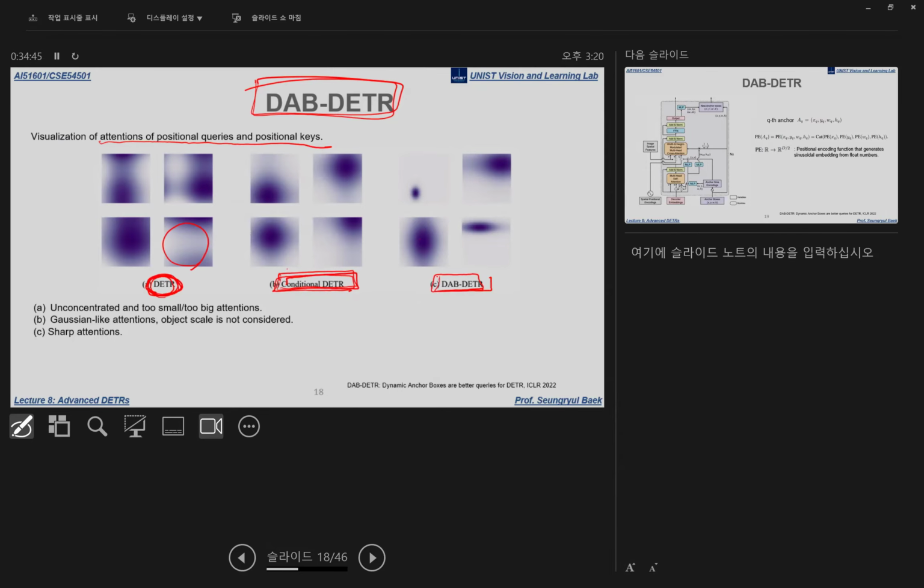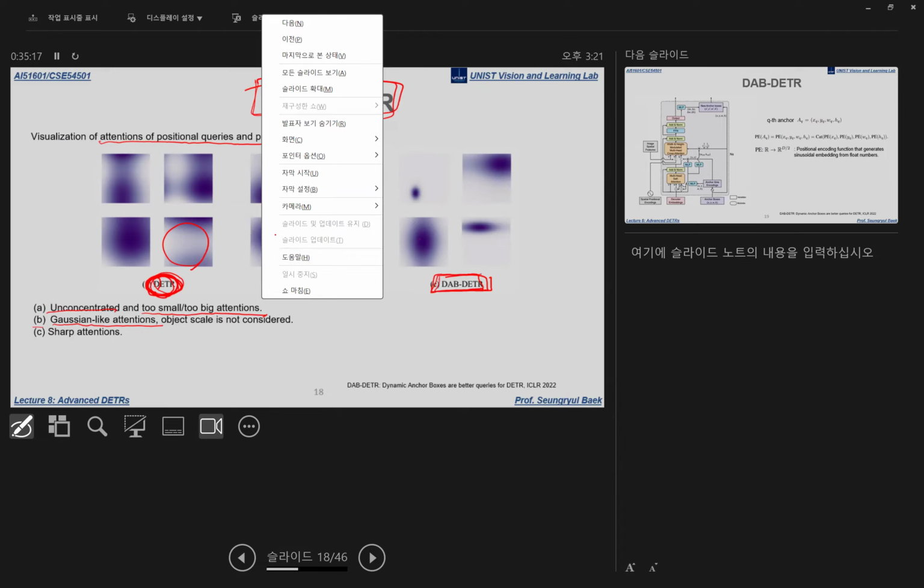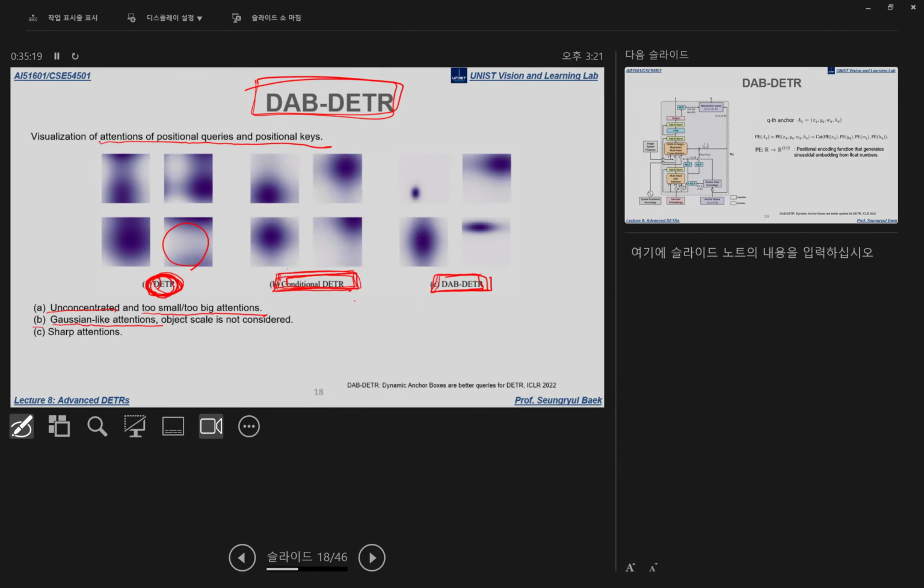But what DAB-DETR thinks is that the attention of the conditional DETR is still unconcentrated. A is the original DETR, where the attention is unconcentrated and too small or too big. B is the conditional DETR, and this is more like Gaussian-like attention, but the object scales are not considered.